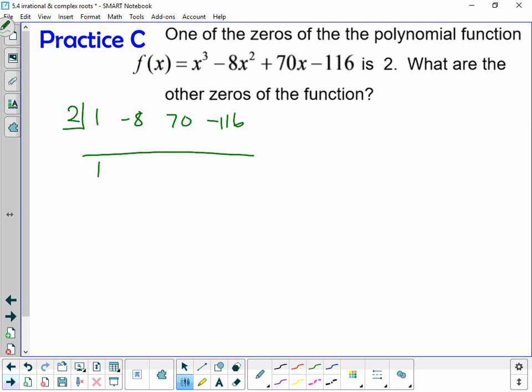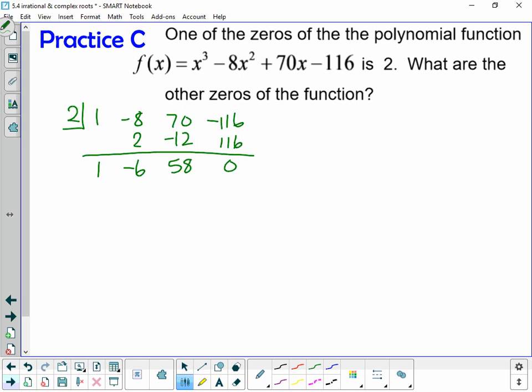So let's see, drop that first number down, multiply it, add up this column, -6, multiplied by 2 is -12. Add up this column, 70 and -12 is 58. And when we multiply by 2, we get positive 116. And when we add that up, we get 0.